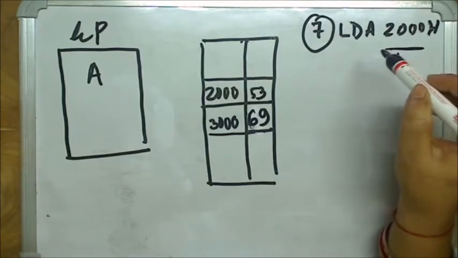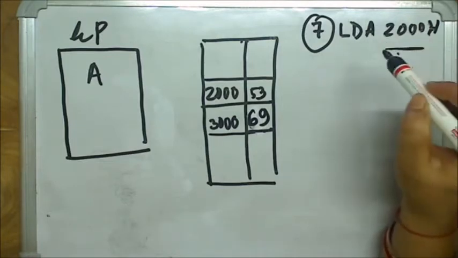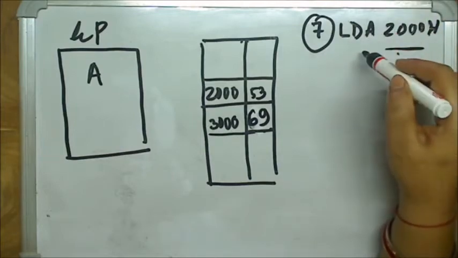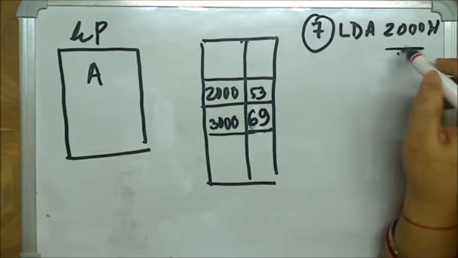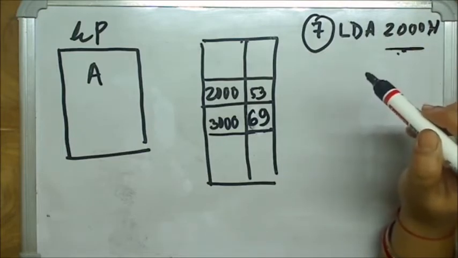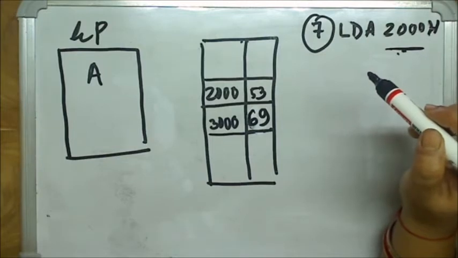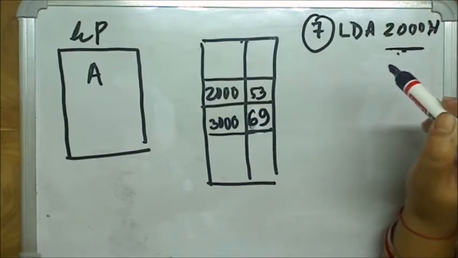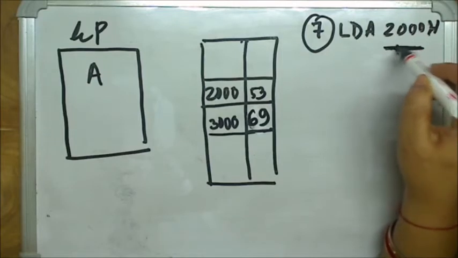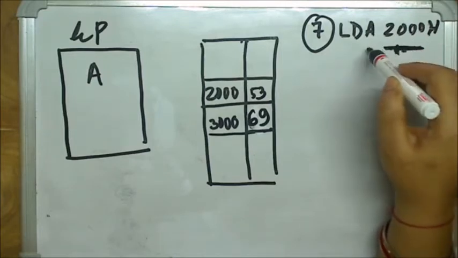Okay, so LDA 2000H, what does it mean? Does the value 2000H get loaded into register A? No, because 2000H is a 16-bit address. How can it be loaded in an 8-bit register? It is not possible, right? So what does it mean? It means load the contents of memory location 2000H in accumulator.